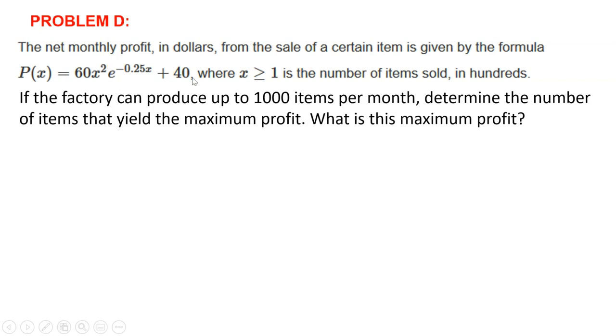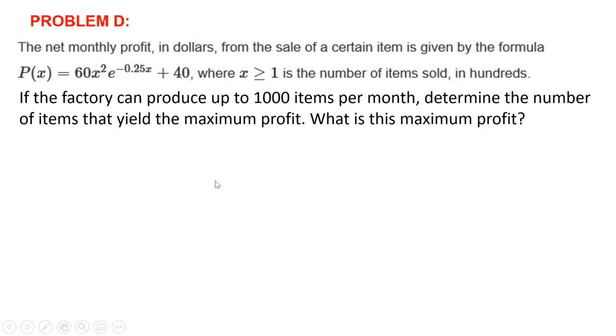The profit would be 40 in that case, if X was 0. But X has to be greater than or equal to 1. X is the number of items sold in hundreds. And the factory can produce 1,000 items per month. Determine the number of items that yields the maximum profit and what the maximum profit is.